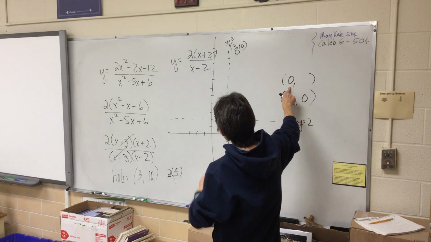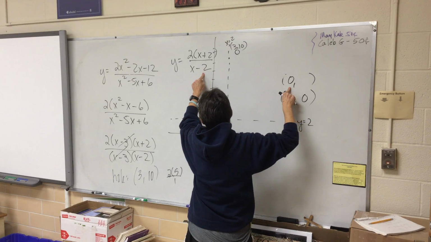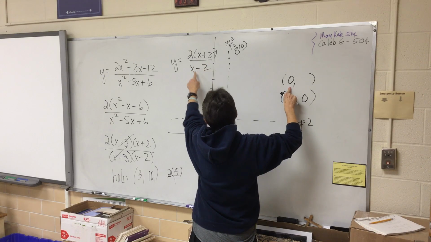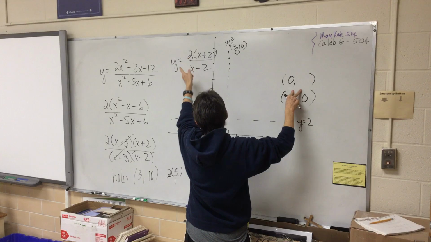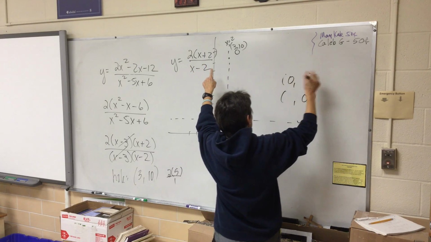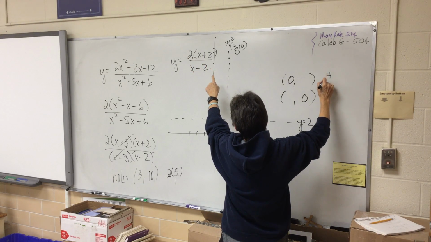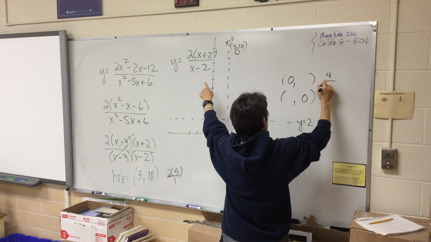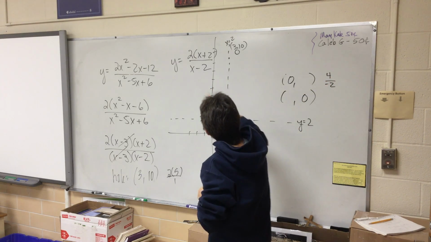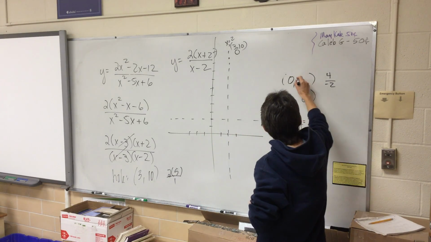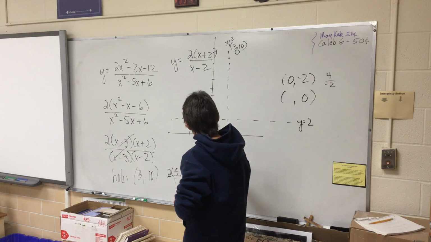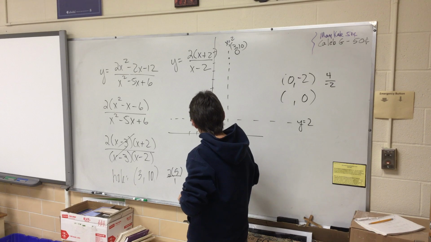So if you let x be 0, right here I'm finding this point. If I put in 0 for x, I'm going to get 4 over -2. So my y-intercept is (0, -2).